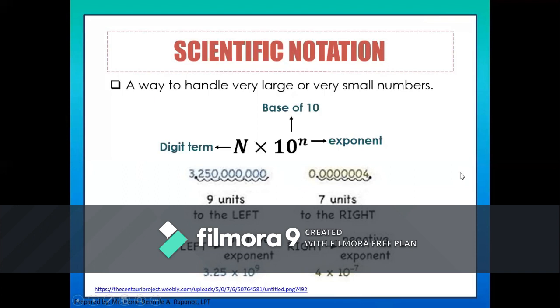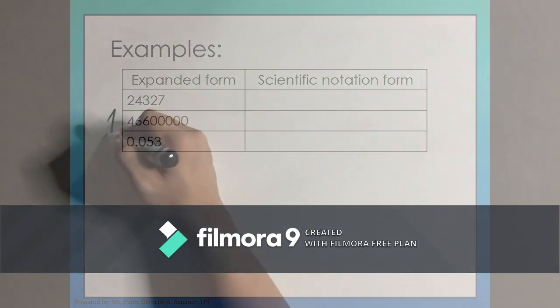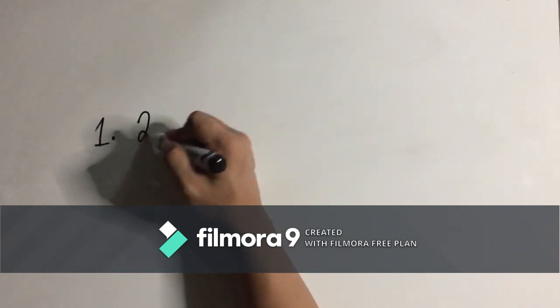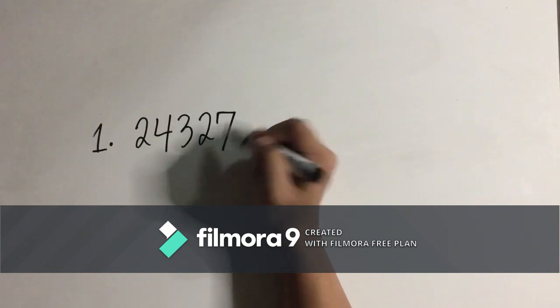Now, let's apply the rules by solving these examples. For this particular table, we're going to convert the expanded form given here into scientific notation form. Let's try to apply the rules and solve it. So let's have example number one, which is 24327.